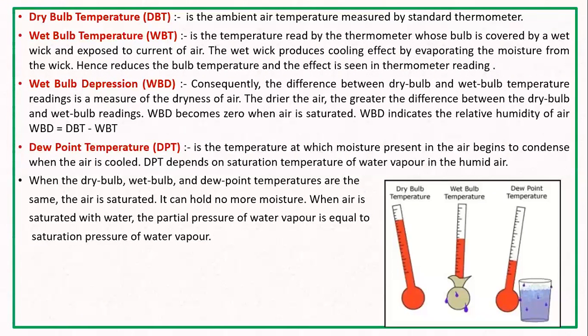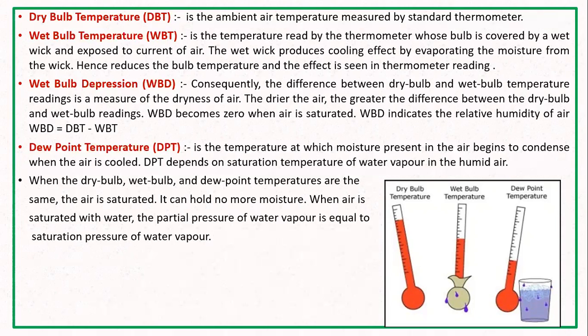By early morning, the temperature is so low that the atmospheric air is unable to hold the water vapor in it, and it starts releasing the latent heat, and the water vapor starts condensing. That's why early morning when the temperature is low, we can see the dew drops.